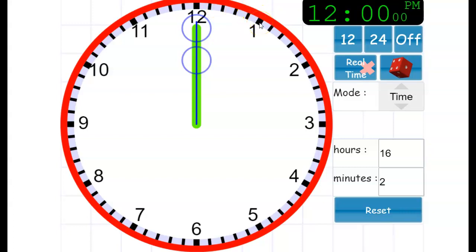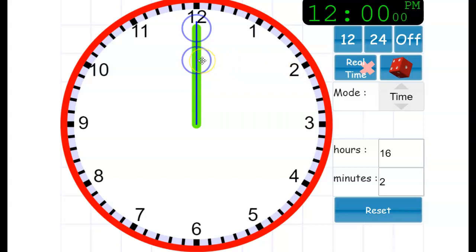See how there were 5 minutes between this number and this number? That's true for all of the numbers on the clock. 1, 2, 3, 4, 5. I don't want to sit here and count each minute. That would take forever when I get to 45 or 55, but I can count by 5s.